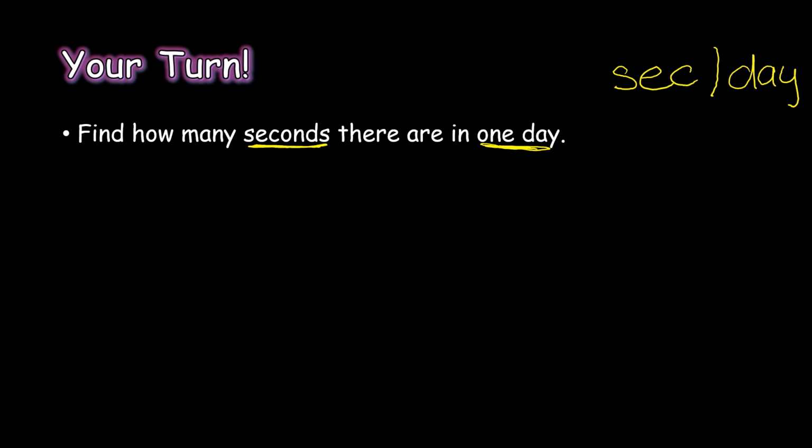Now we want to set up our plan or our dimensional analysis equation. So we need to figure out how many hours there are in a day. So we know that there are 24 hours in one day.